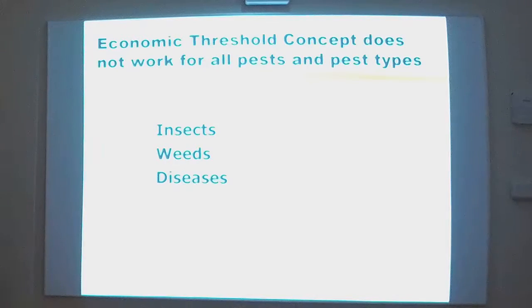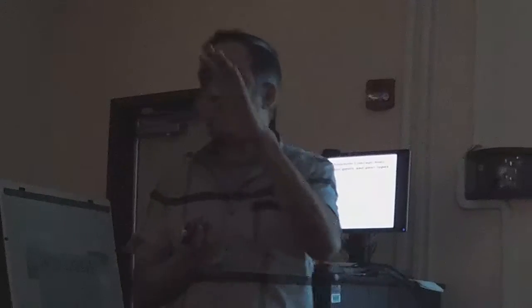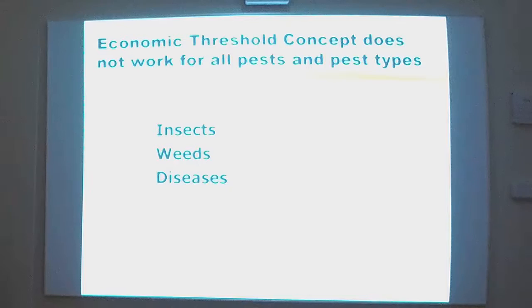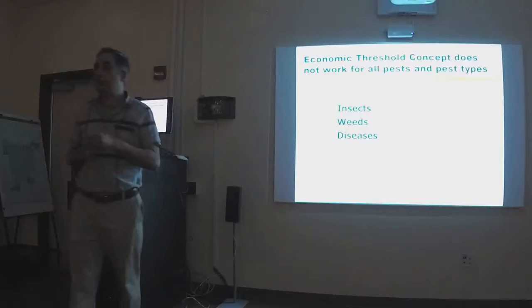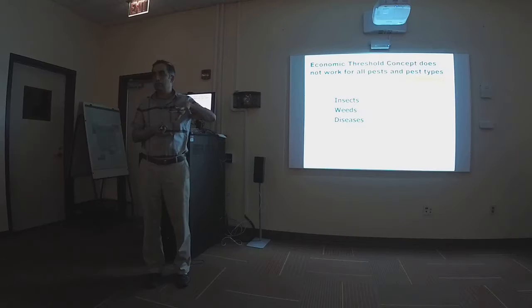But if it becomes 12, and they keep multiplying, then as soon as they got to 10, that's your economic threshold, you spray to kill them. So out of 10, maybe 6 died, 4 are still there. But 4 are not enough to give you that economic injury, so you're okay with that.